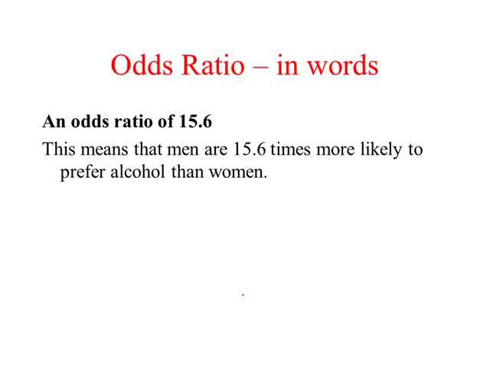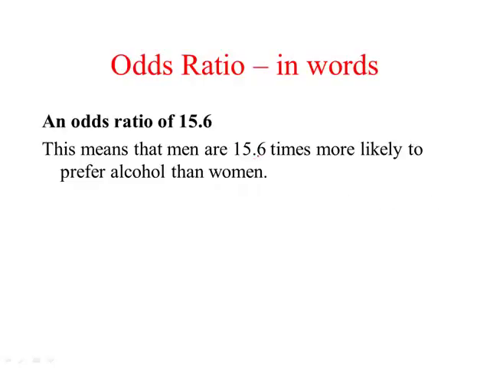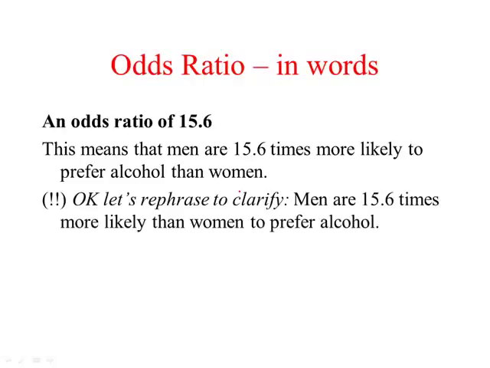This statement can be interpreted in two ways, to go back to our discourse analysis. You could also interpret it as men prefer alcohol over women. They would rather have alcohol than have women, which is not necessarily what we're trying to get at, right? So to rephrase it, men are 15.6 times more likely than women to prefer alcohol.